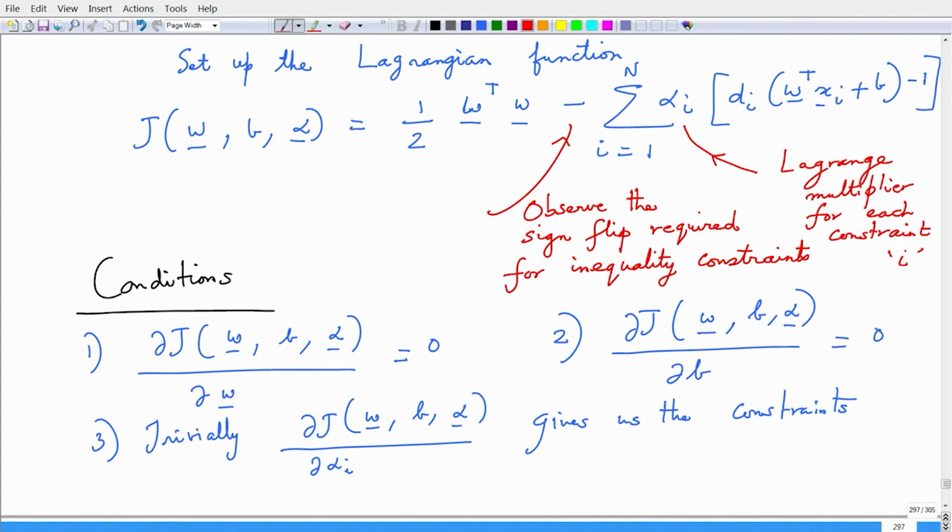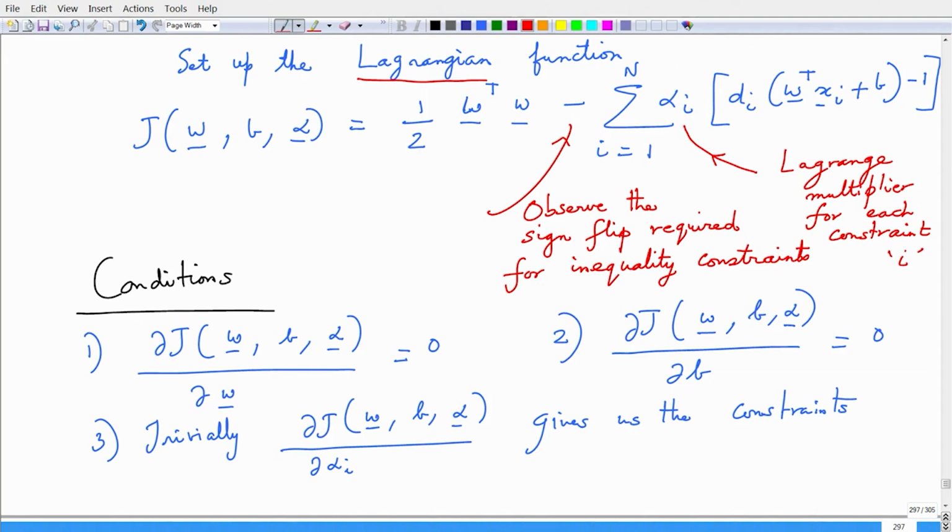Let us set up the Lagrangian. The overall cost J, or my Lagrangian, is given by 1/2 W transpose W minus, for every constraint, a Lagrange multiplier. Since they are inequality constraints, I have to put a negative sign before the constraint term, and we saw the reason for that when we looked into the basics of constrained optimization.